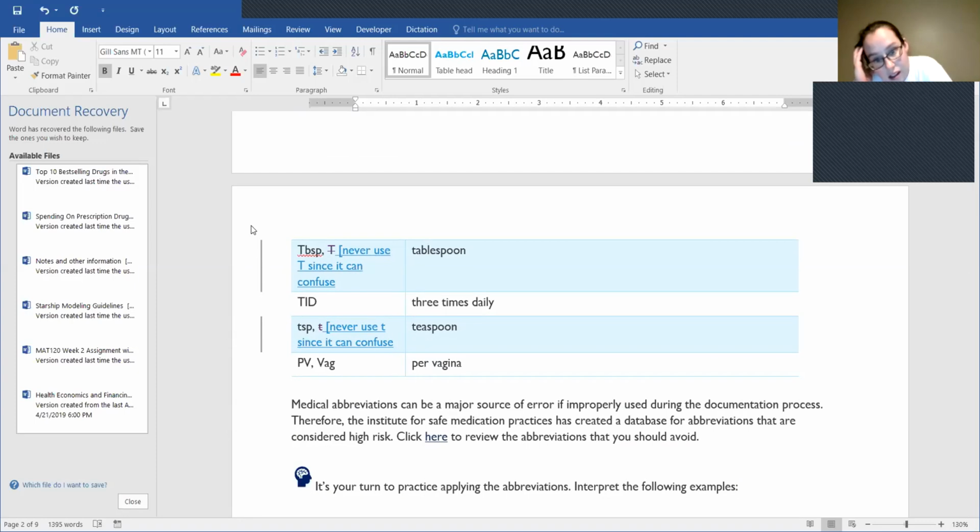So always write out the full TBSP or TSP. And I actually prefer, and you'll see this on things you get from the pharmacy, pharmacists will never write TBSP. They will write tablespoonful, so that you have no doubt what they're saying. Because there are 3 teaspoons to a tablespoon, it's too easy to get the wrong dose. TID, of course, is 3 times a day.